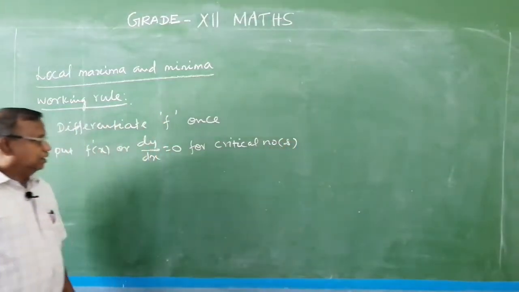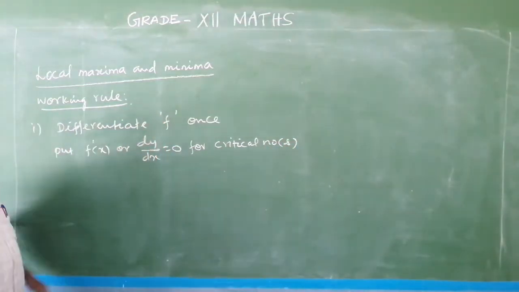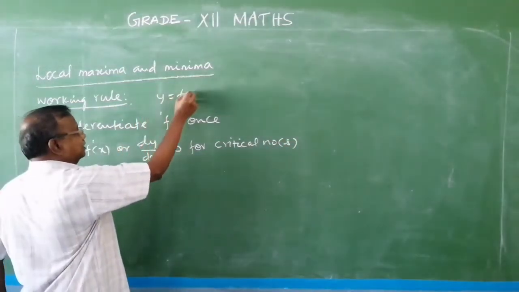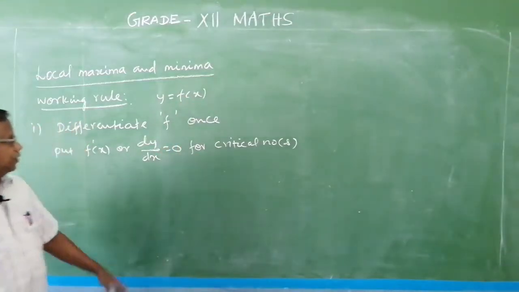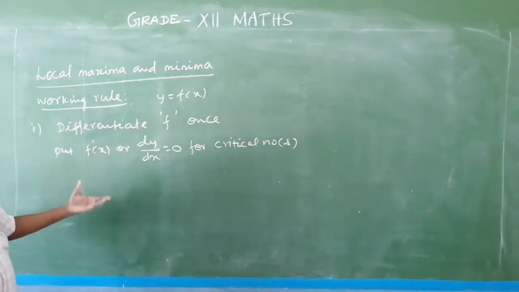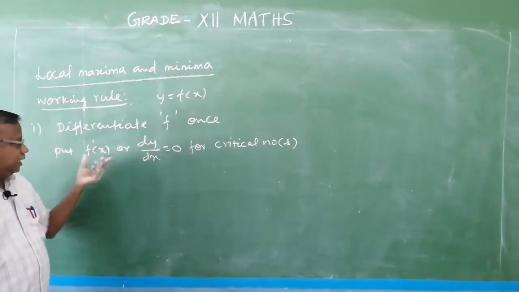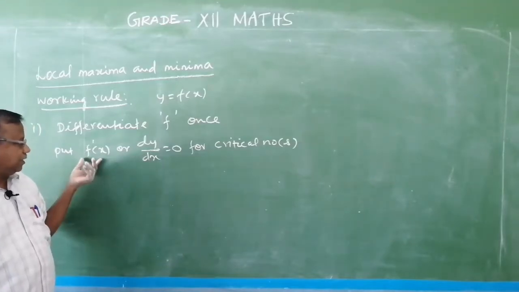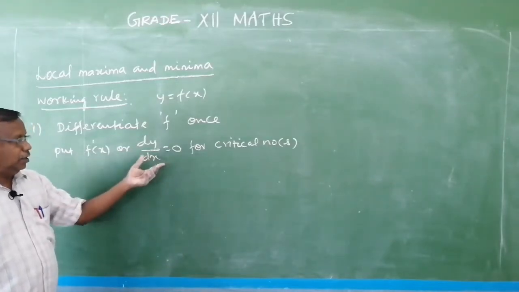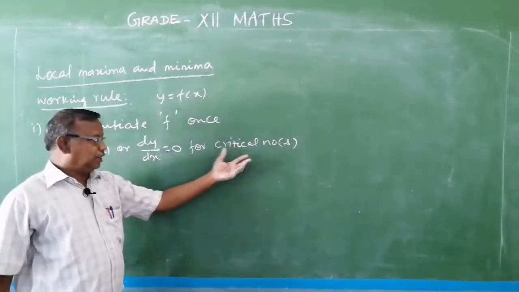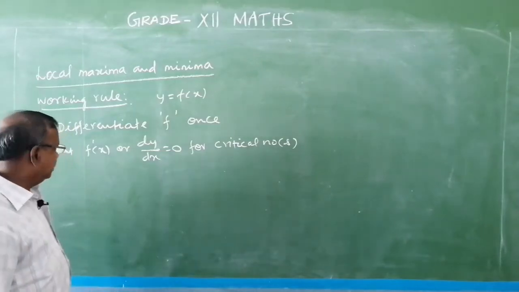That means let y equal to f of x be the given function. You have to differentiate this function once first, then equate that derivative to 0, that is, either f dash of x equals 0 or dy by dx equals 0. So, you can obtain some values, that is, one or more values.